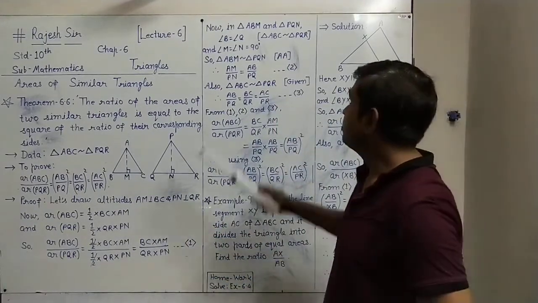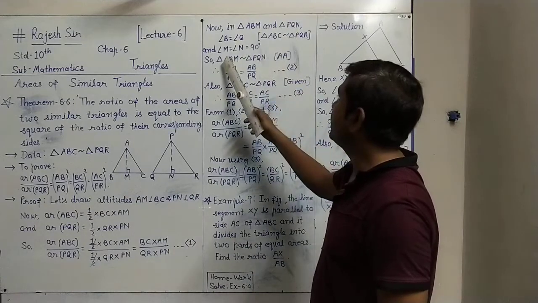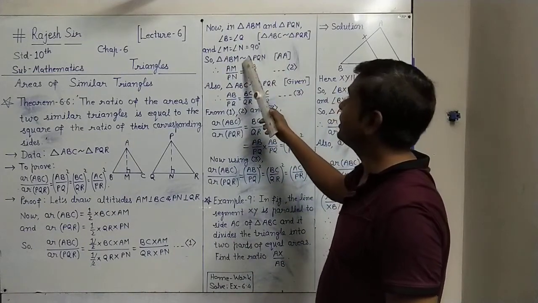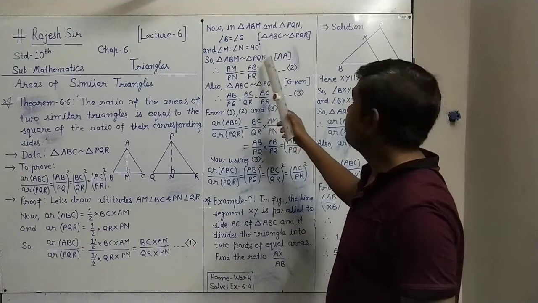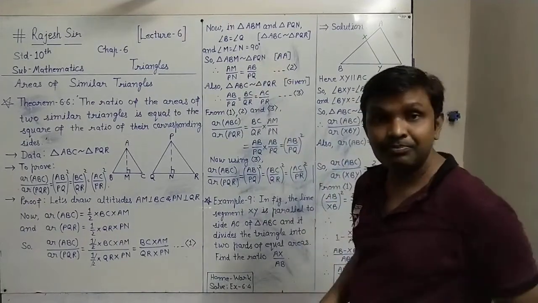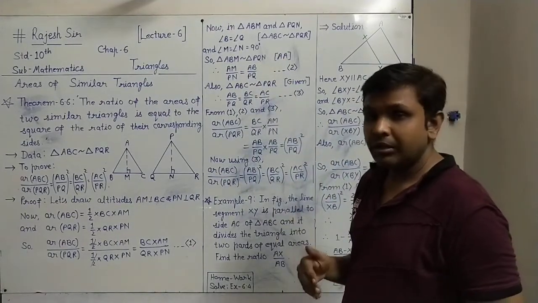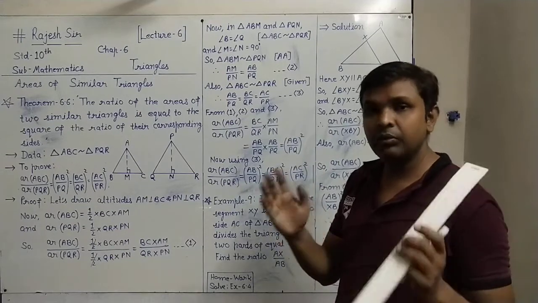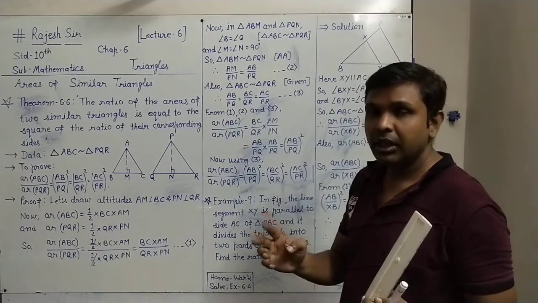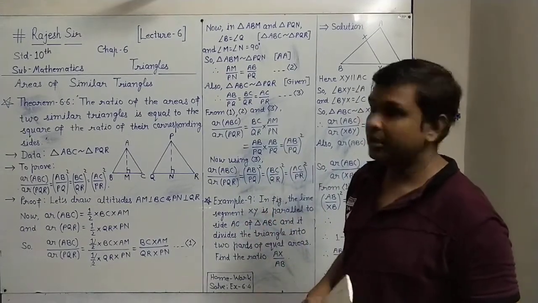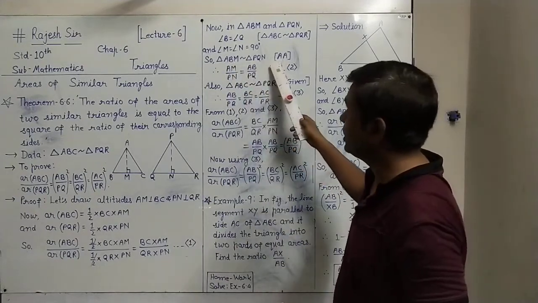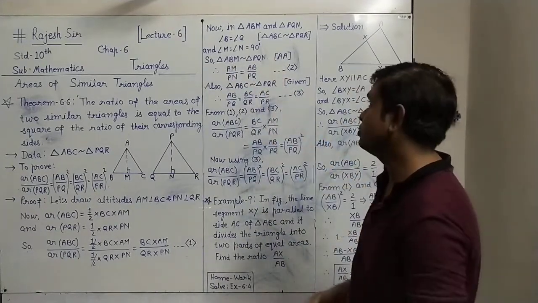So triangle ABM is similar to triangle PQN, which we can show by the AA similarity criterion. We have seen that if two angles are equal in two triangles, then the two triangles are similar. So we have written the reason: AA criterion is used.